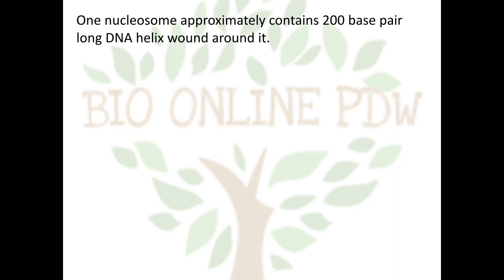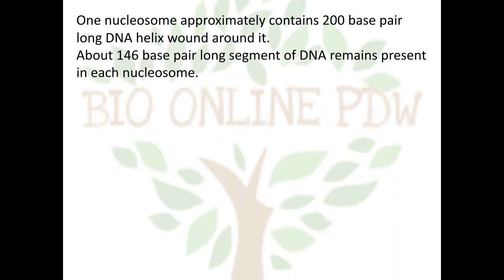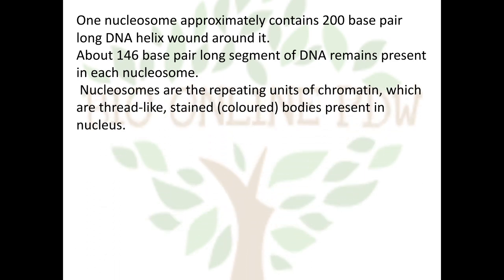One nucleosome contains approximately 200 base pairs of DNA helix wound around it. About 146 base pairs of DNA remain present in each nucleosome core. Nucleosomes are the repeating units of chromatin, which are thread-like stained bodies present in the nucleus.